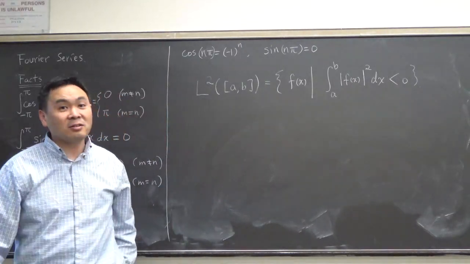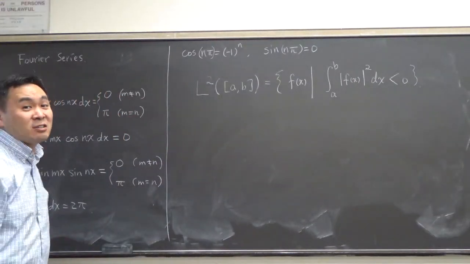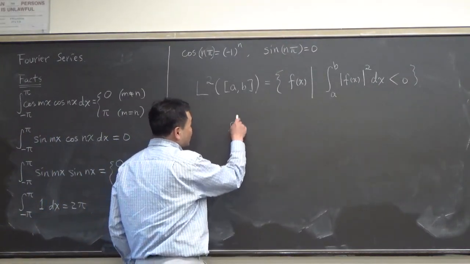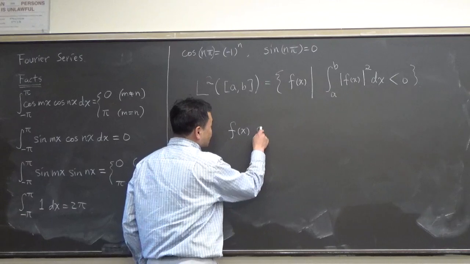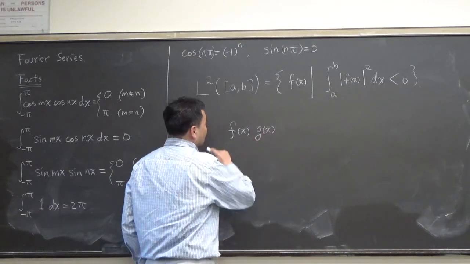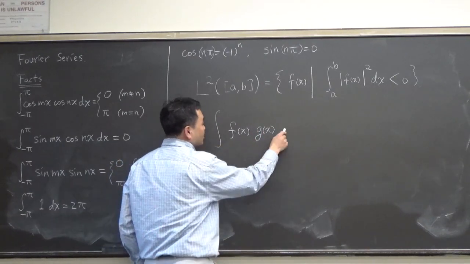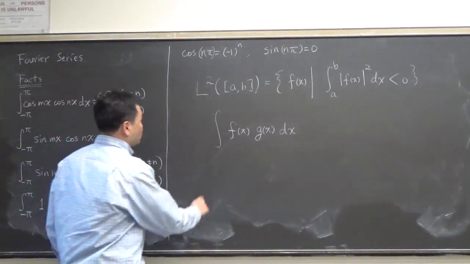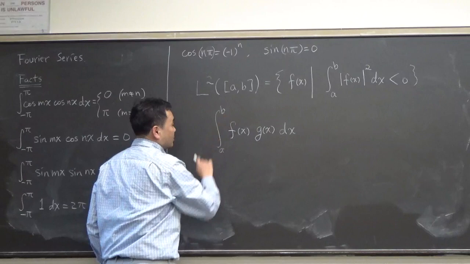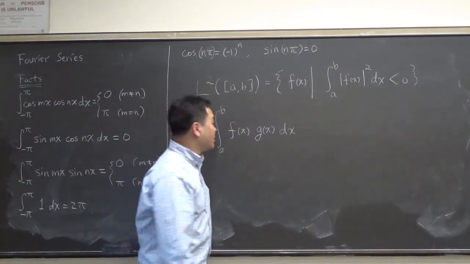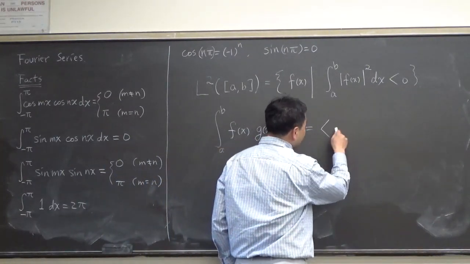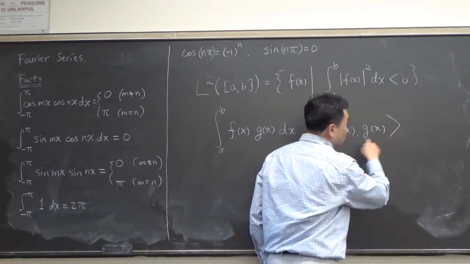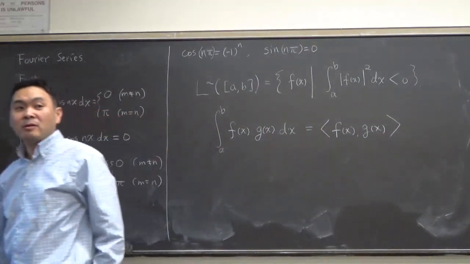Not only that, there's a well-defined inner product in this space, which is: if you take any two elements in here, f(x) and g(x), and integrate their product from a to b, then this thing we denote as the inner product of f and g, the usual way you write inner products.